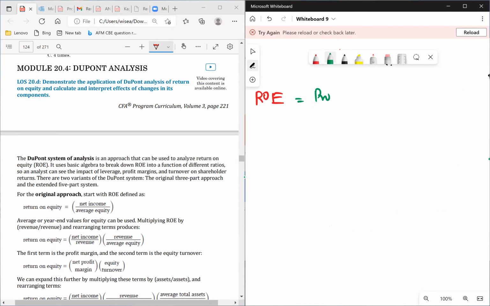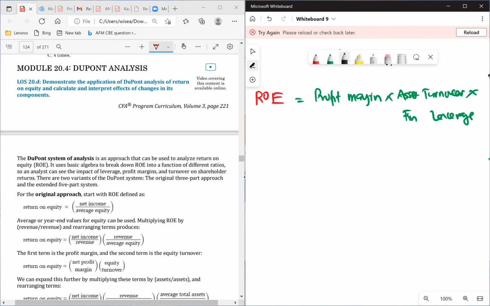Profit margin, then asset turnover, and then financial leverage. So DuPont is saying that the return on equity for any investor is a function of profit margin, asset turnover, and financial leverage.